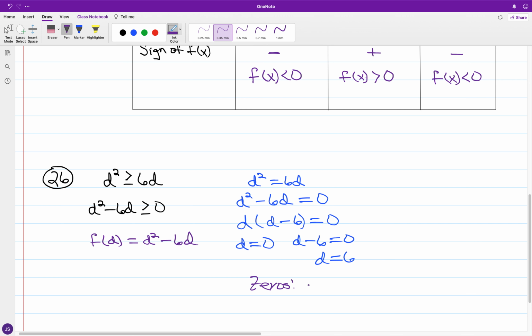And so for the zeros, we're going to have 0 and 6.